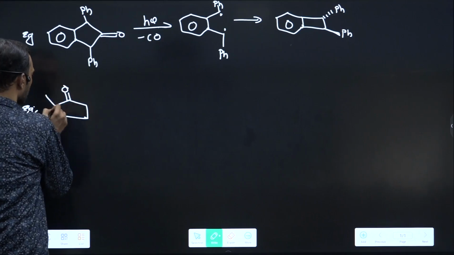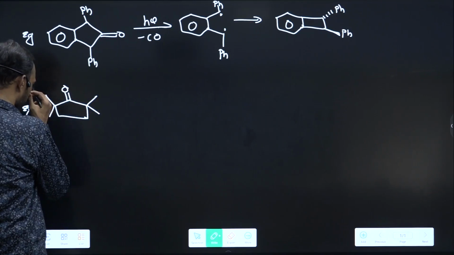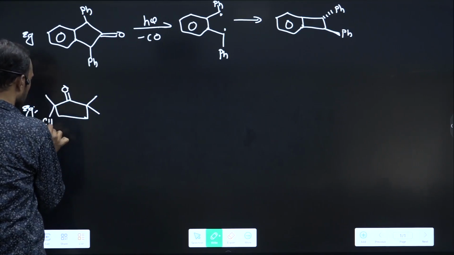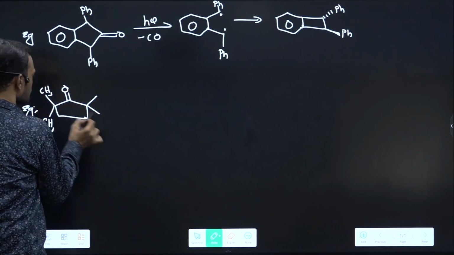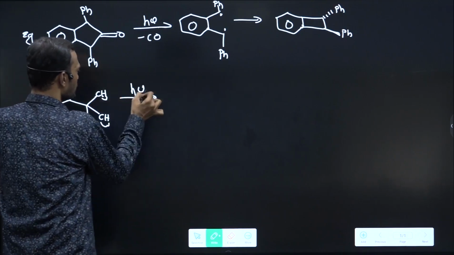This is a 5-membered ring, and here I am writing CS3, and here CS3, CS3. Photochemically, what is the answer?